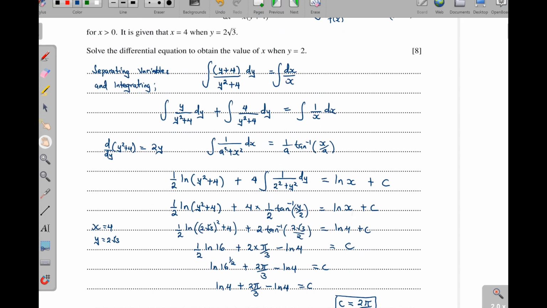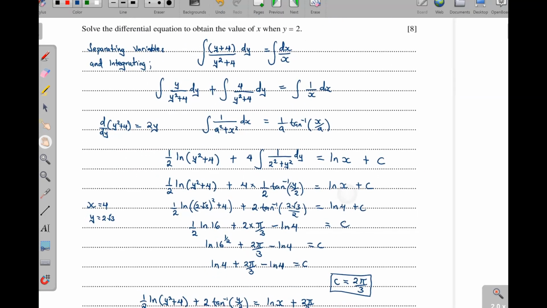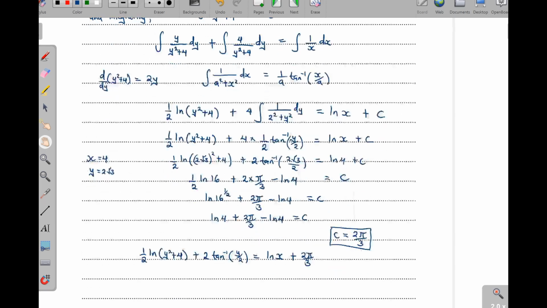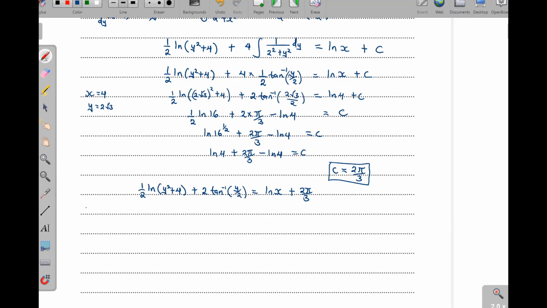So that is that. But then they said obtain the value of x when y is equal to 2. So if y is equal to 2, what is the value of x? So 2 squared is going to be 4, then plus 4 you get 8, then plus 2, then the arctan of this one will be 1, then minus 2 pi over 3, then this will be the natural log of what?